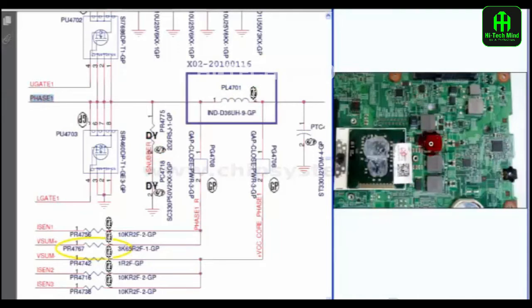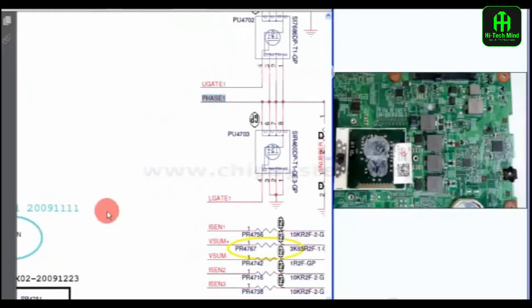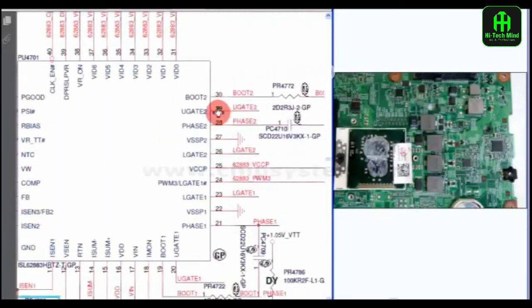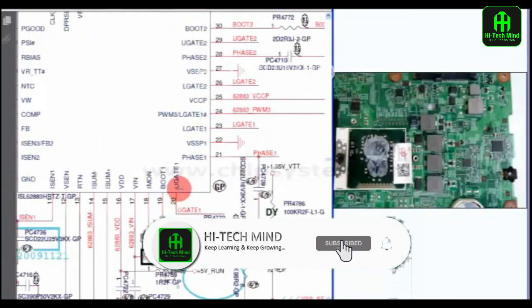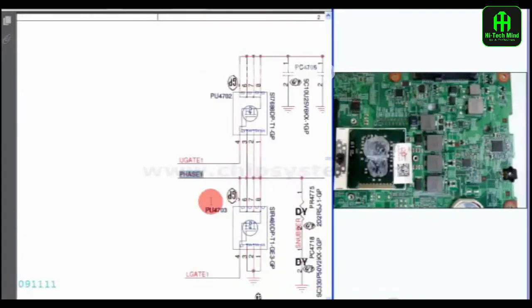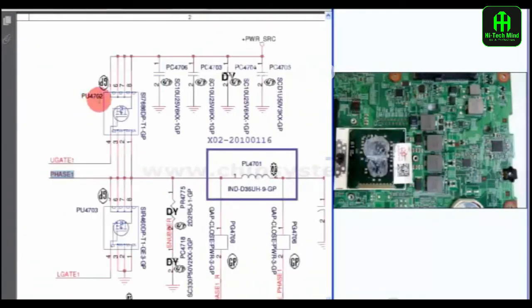Phase 1 output voltage coil connection. In this section, phase 1 output, it mentioned U gate 1 at pin number 20. This U gate 1 connects to the upper MOSFET PU4702. So U gate 1 is the MOSFET gate.